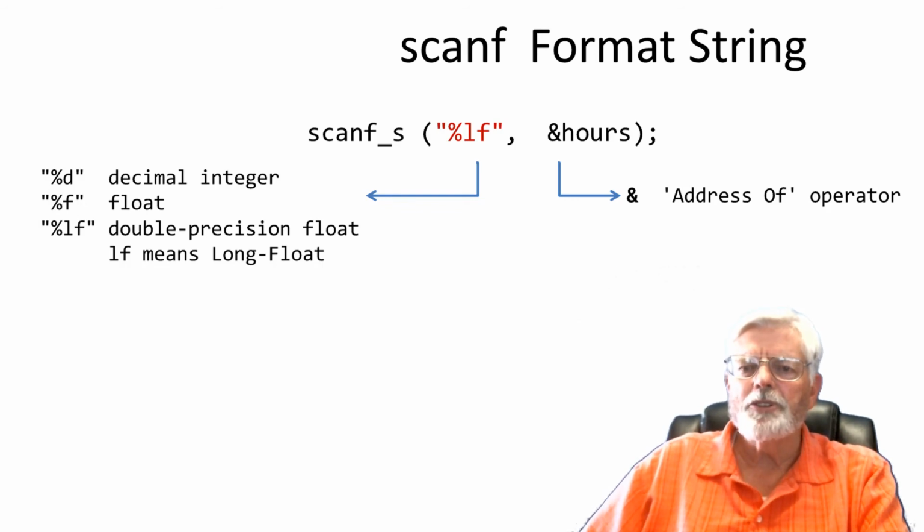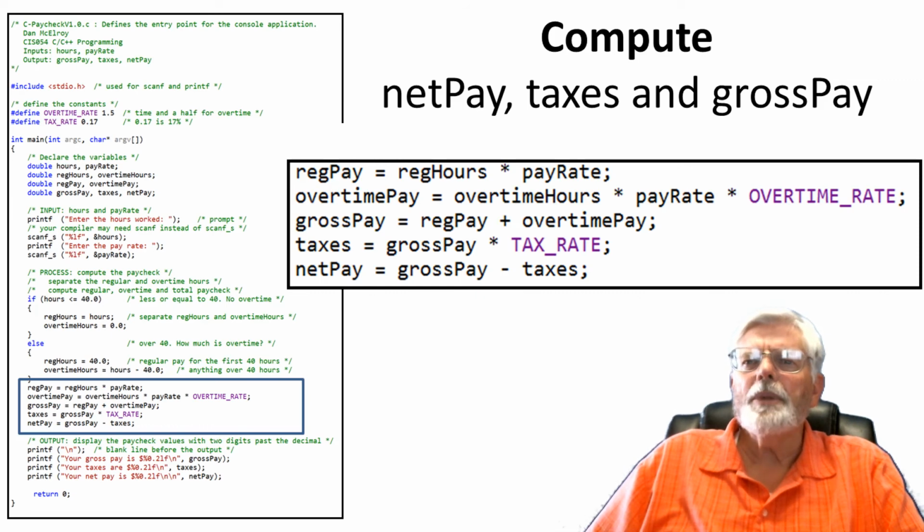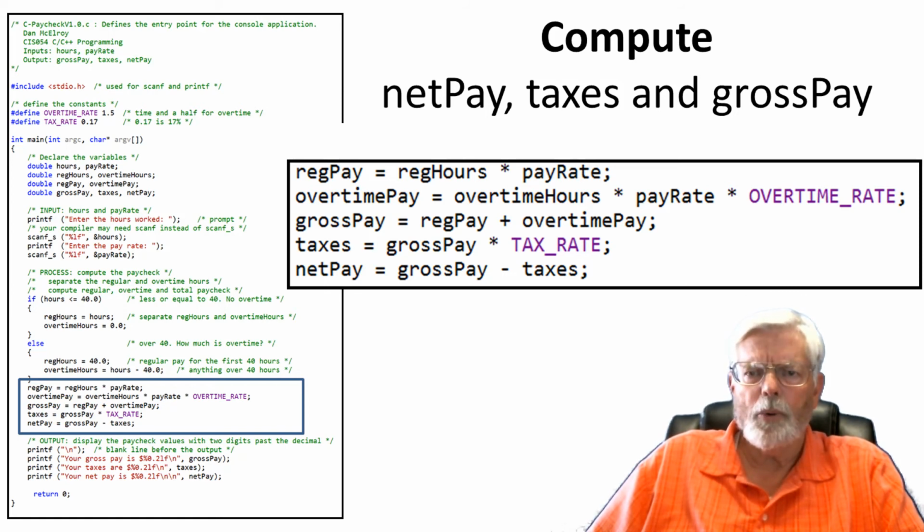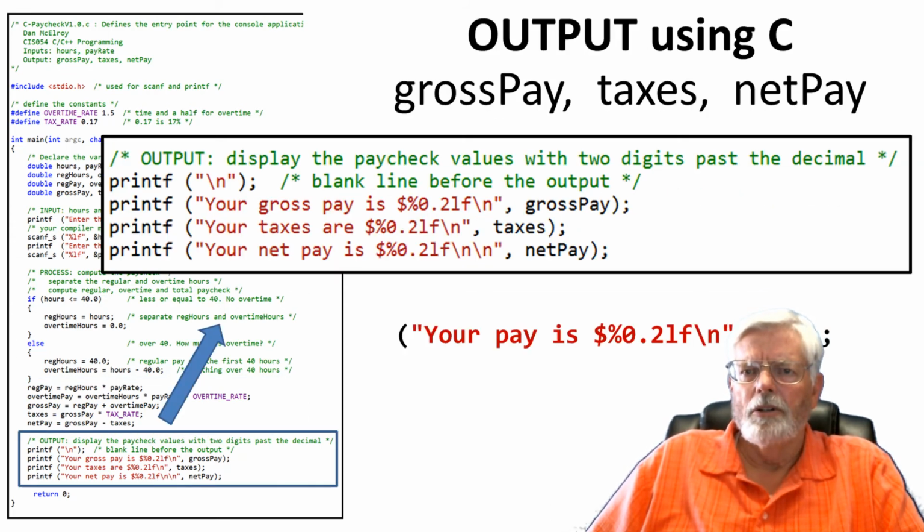Assuming that quarters, dimes, nickels, and pennies are declared as type int, then use %d inside the scanf format string instead of %lf. The computation for the total value of all coins is much easier than the computation in the Paycheck program. All you need to do is to add up the number of each coin times its value and save it in the total.